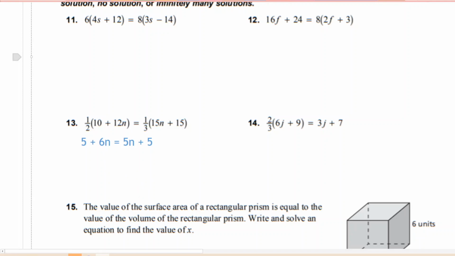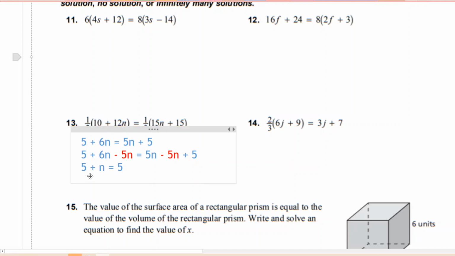I do notice that on the left and the right side, we've got linear terms, 6n and 5n. Which of those is smaller? Well, of course, the smaller of those two is 5n. So we subtract 5n from both sides. That gets me to 5 plus n equals 5.